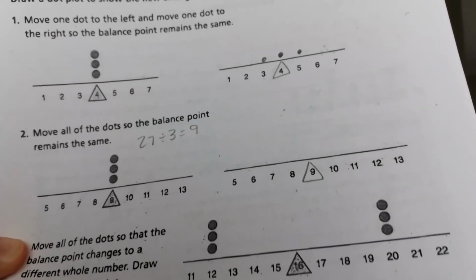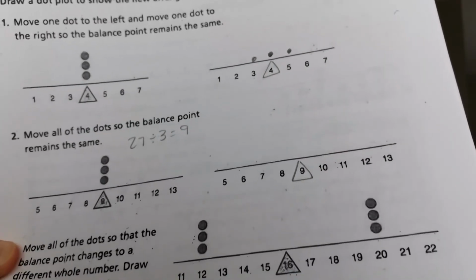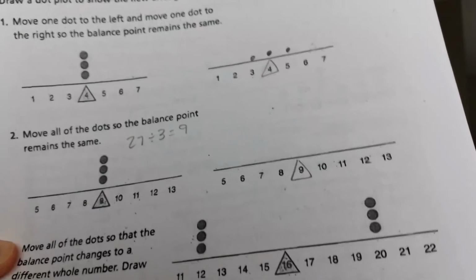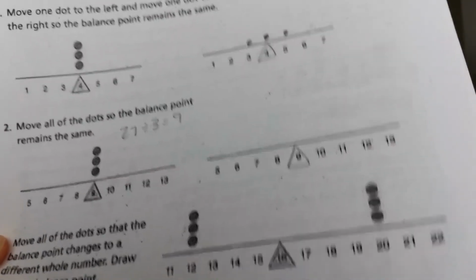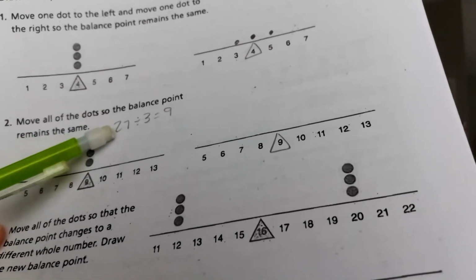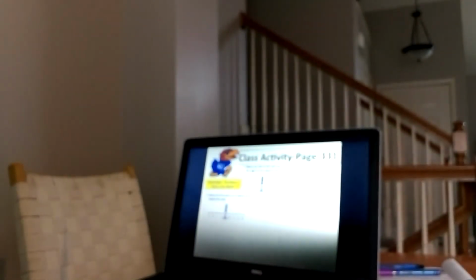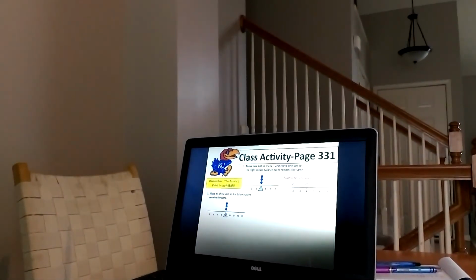Okay, so don't get caught up if you're not getting the same answer as me, because there's more than one right possibility here. So in my head, I'm thinking the easiest way for me to make 27 is to put 2 dots on 10, because that would make 20, and then 1 dot on 7, because that would make 27.